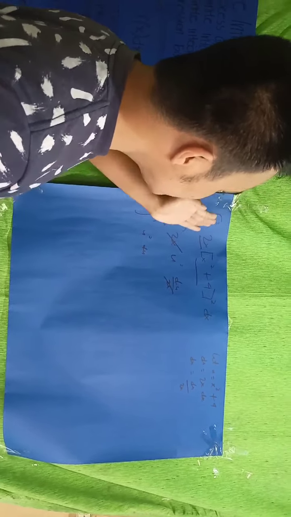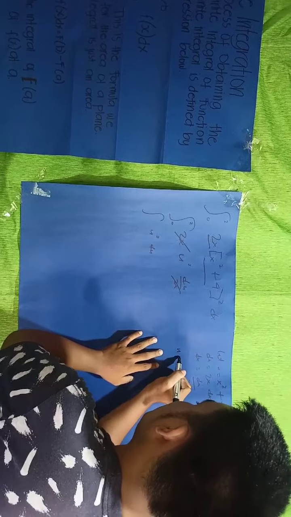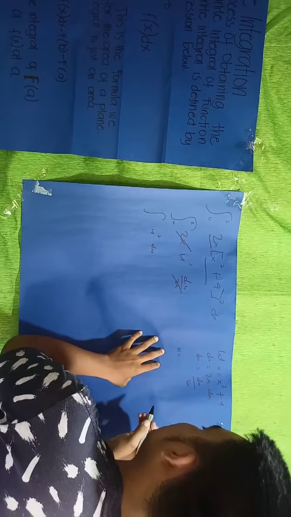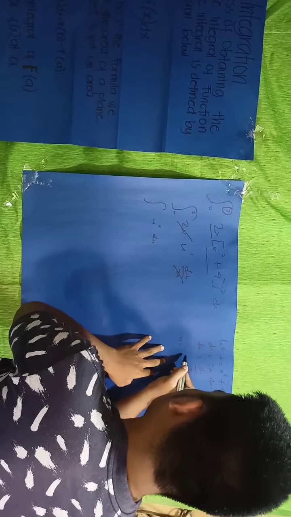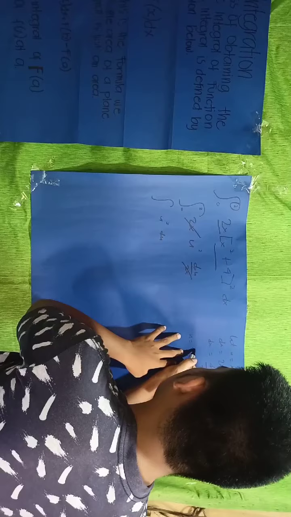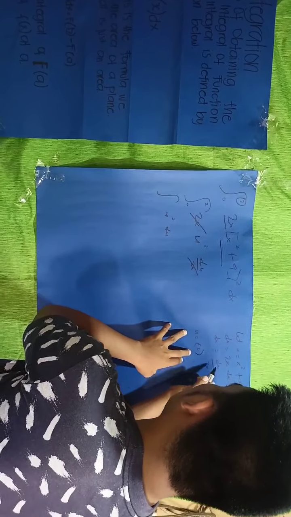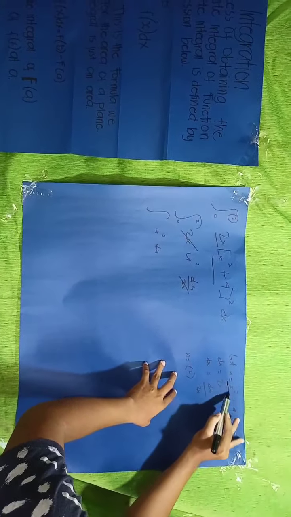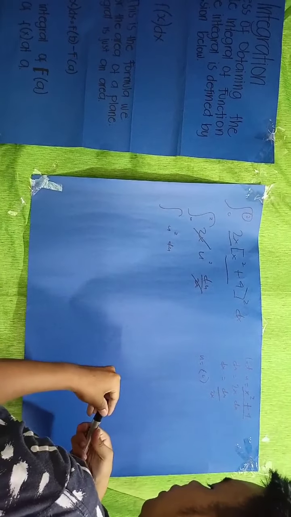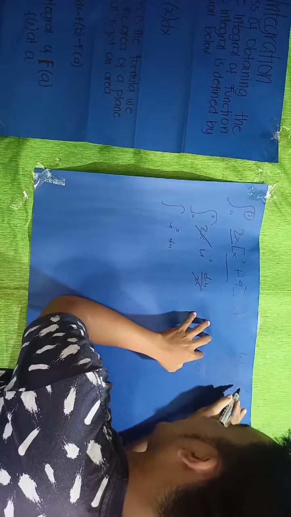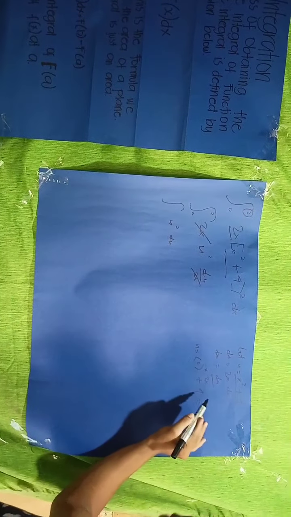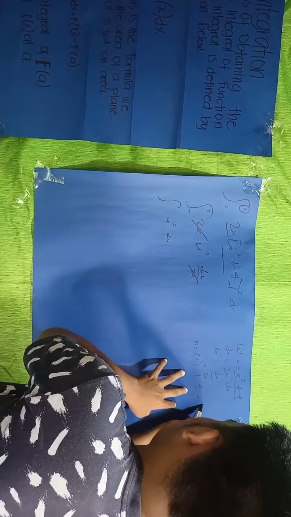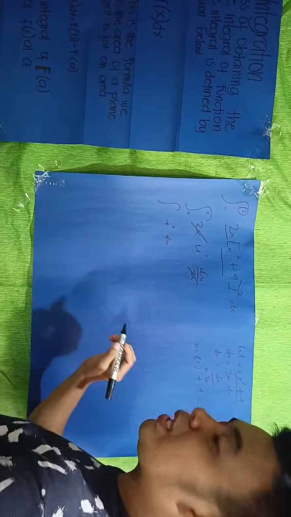So this is how you change your limits. u is equal to, we will use this expression first: substitute x into the upper limit, 2 squared plus 4, equals 4 plus 4, equals 8. So our new upper limit is 8.